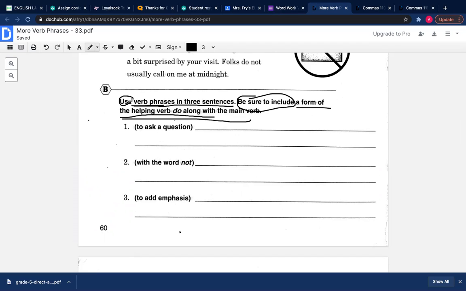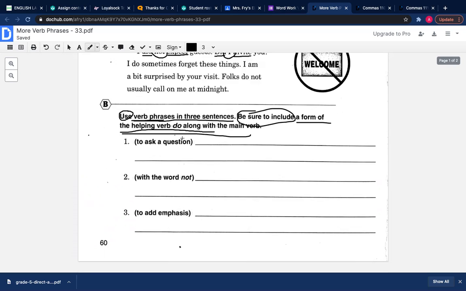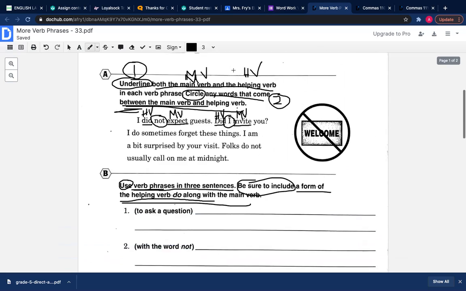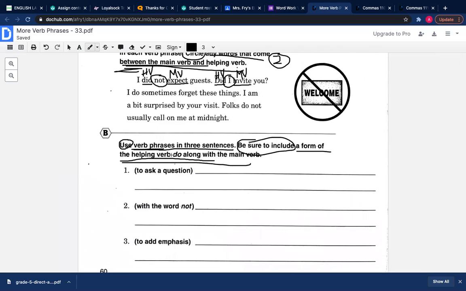So I'm using a verb phrase to ask a question. It can be any question that I want. I'm asking a question just like this sentence. I can use any verb that I want here because all I'm doing is making sure I use the word do. So I think my question is going to be about going outside.